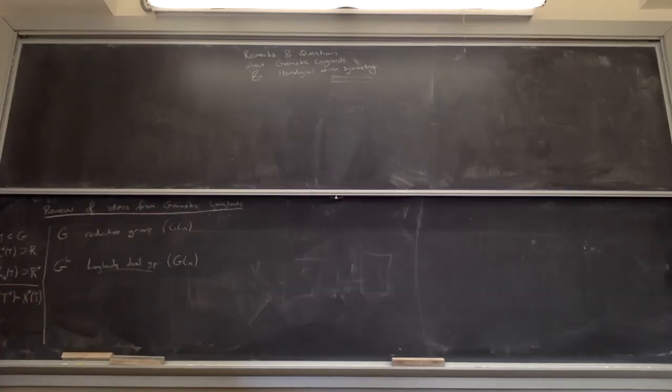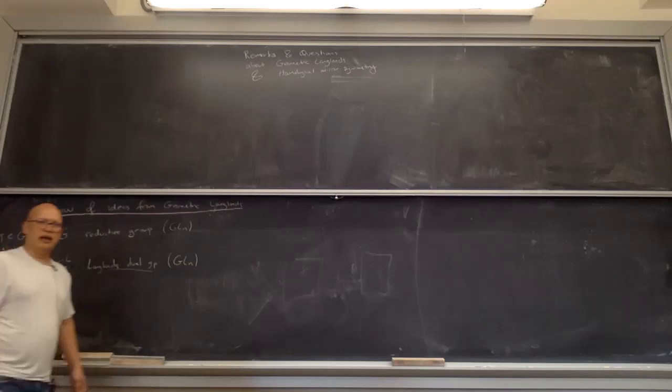And the nature of the Langlands dual group is that if you take the roots for the original group, those are supposed to be the same as the co-roots of the Langlands dual group.